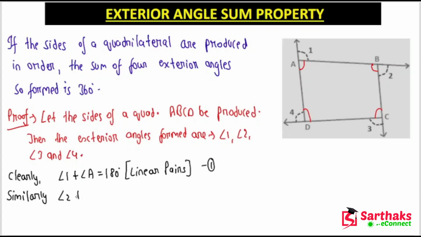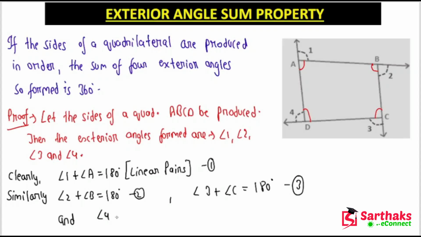Similarly, angle 2 plus angle B is also 180 degree. That will be equation number 2. Angle 3 plus angle C is also 180 degree. Equation number 3. And finally, angle 4 plus angle D is equal to 180 degree, which is equation number 4.